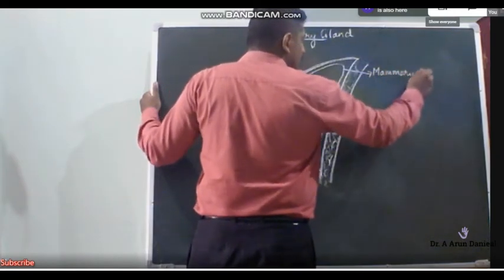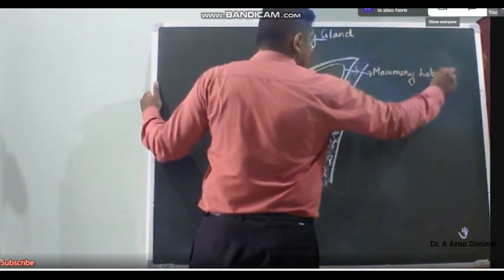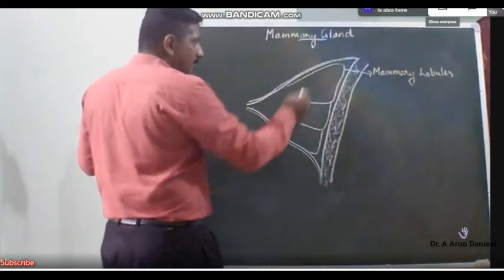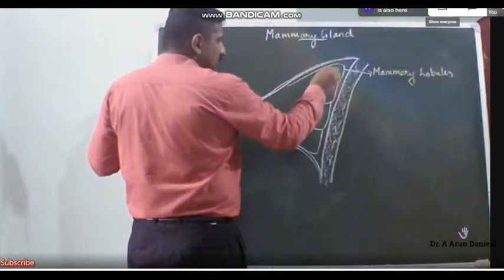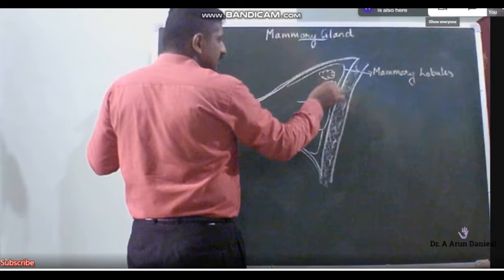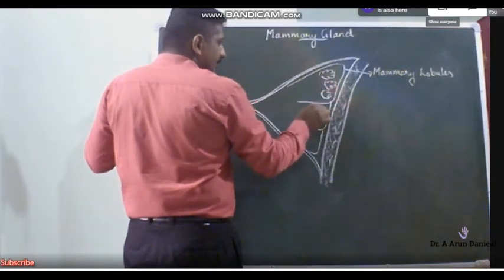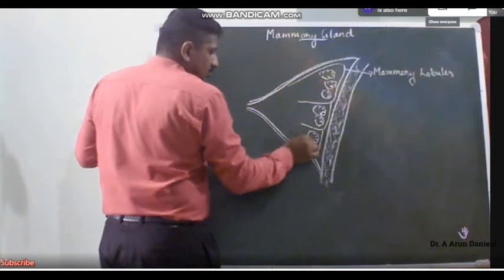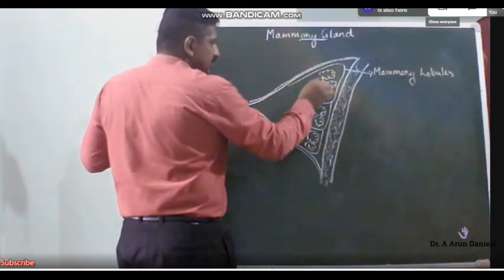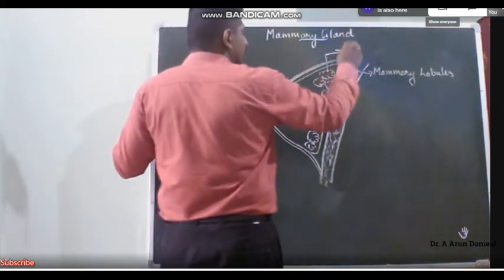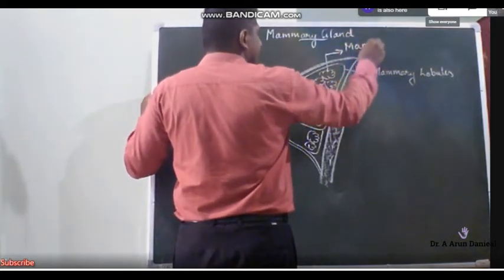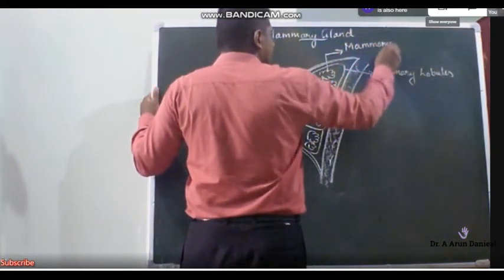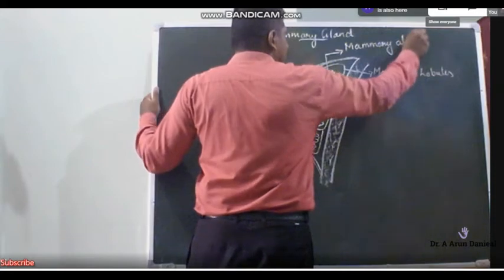Or mammary lobules. What is present inside the mammary lobules? We have a certain group of cells called mammary alveoli.